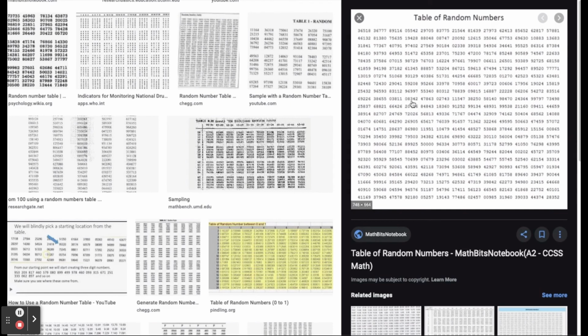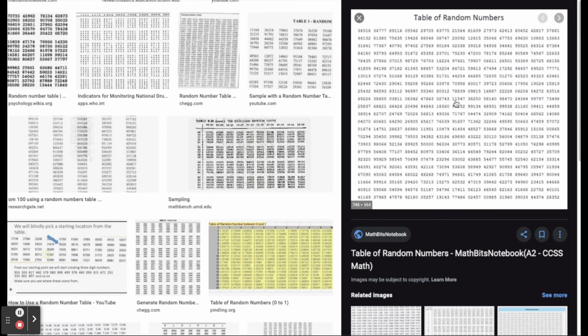So whatever day I assigned 083, that would be the first day that I pick, or that was drafted. My next 3-digit number is 424. Okay, well that's not a day in a year. 786. Oh, that doesn't work either. Okay, here's 302. So whatever day was assigned number 302, that would be the second draftee.